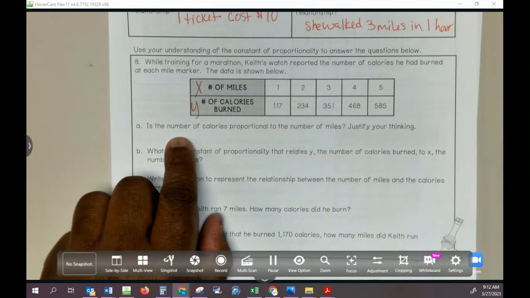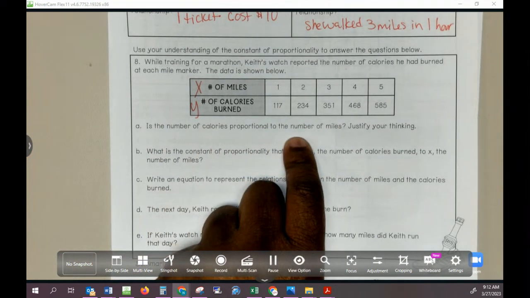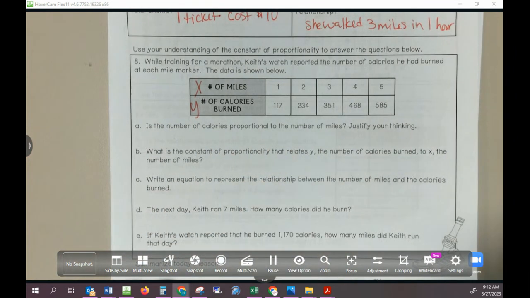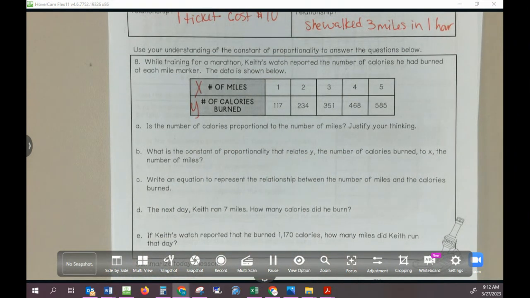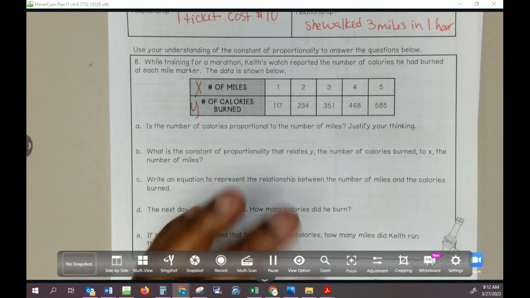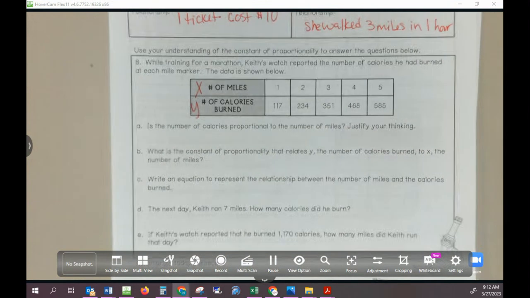All right, so we're going to start at Nadia and go through the answers from there. So Nadia, is the number of calories proportional to the number of miles? Justify your thinking. So it's asking her, is it proportional? We're learning about constant of proportionality. So we know she needs to determine whether they're showing the same constant, at least in two areas, for it to be a constant of proportionality.